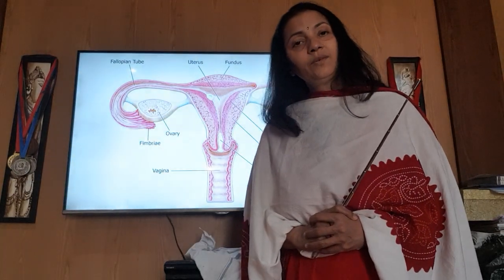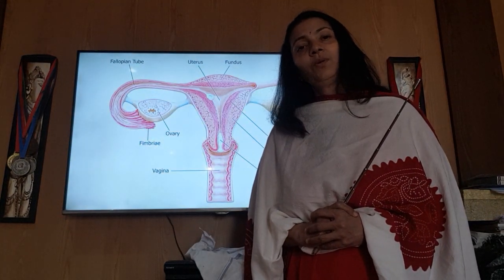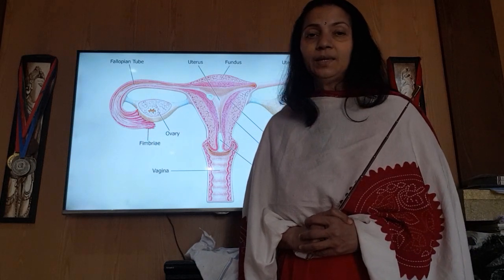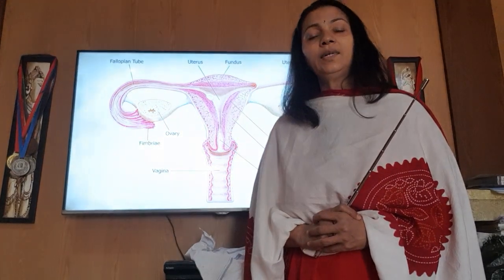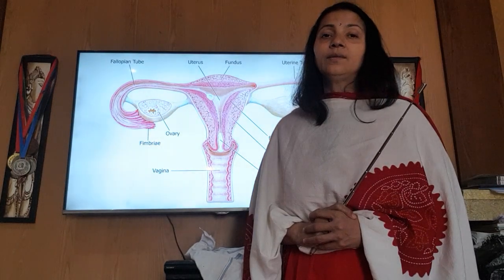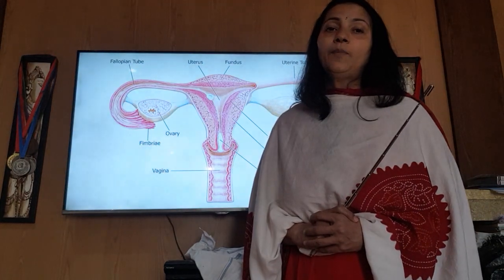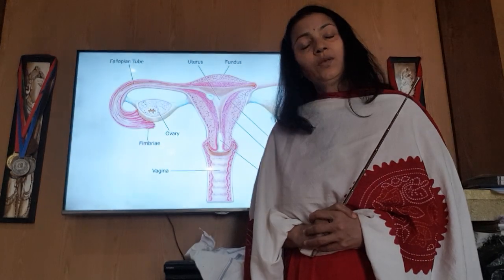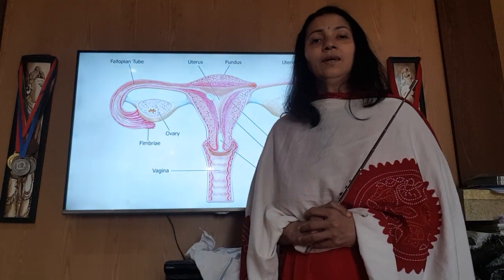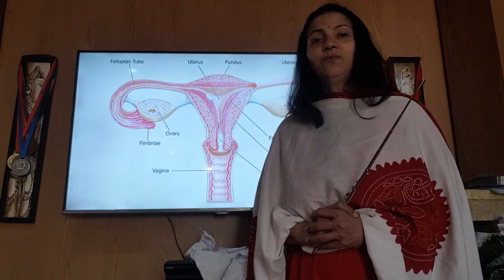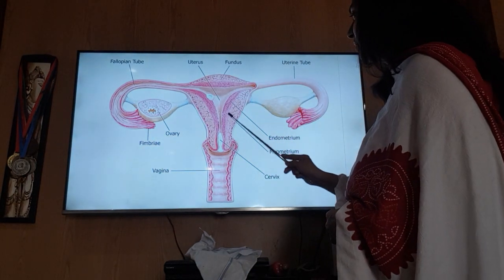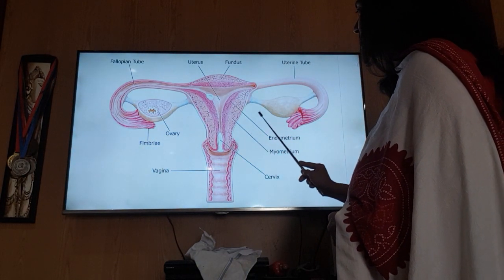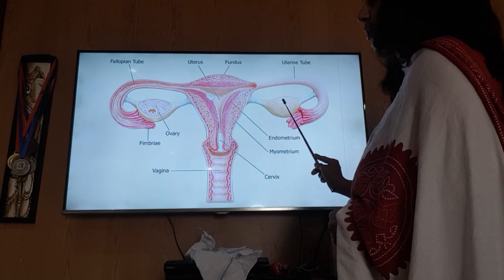As the name suggests, the main artery supplying it is the ovarian artery. The ovarian artery is the direct branch of the abdominal aorta. The other artery which also supplies it is the uterine artery. The uterine artery supplies the uterus and gives some branches to the ovary.